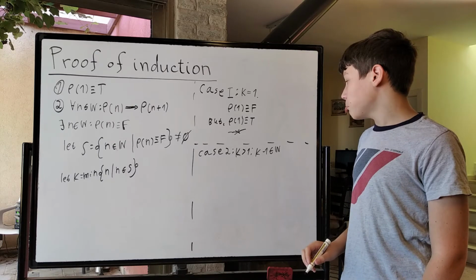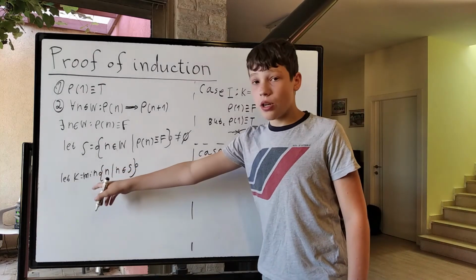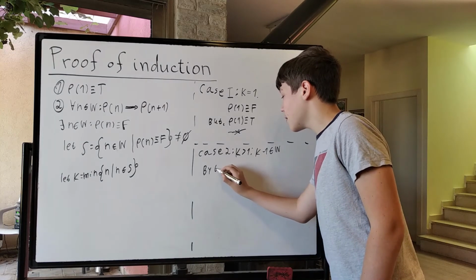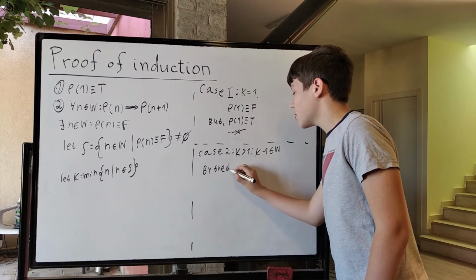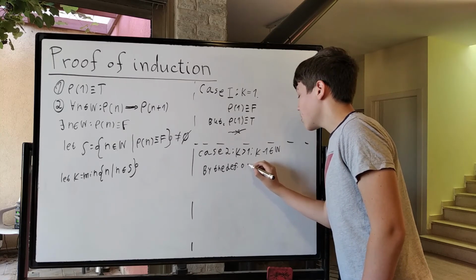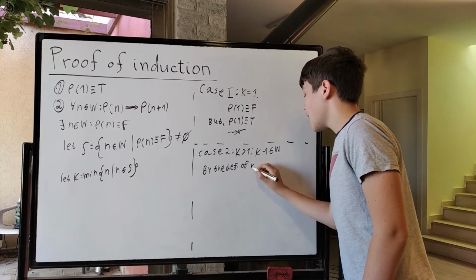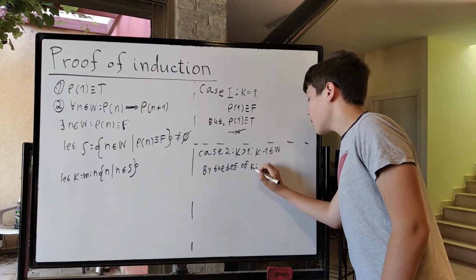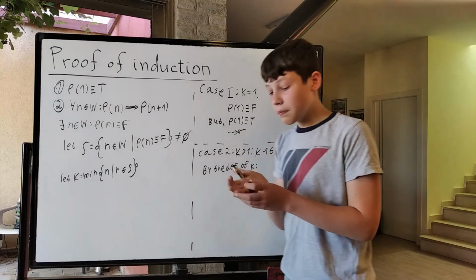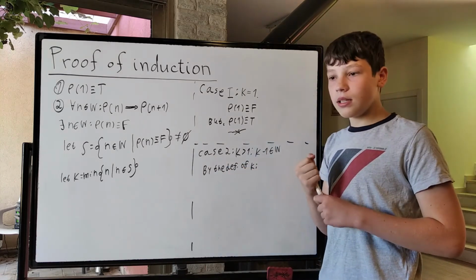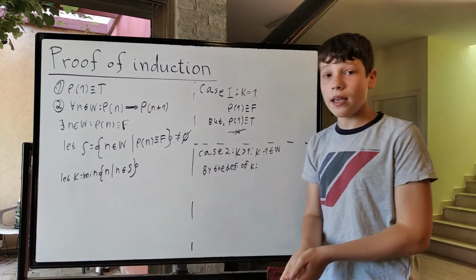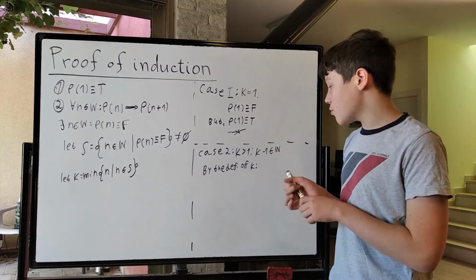And that means, by the definition of k, we can see that k is the smallest one for which P of k is false, meaning that for any natural number smaller than k, P of it will be true.